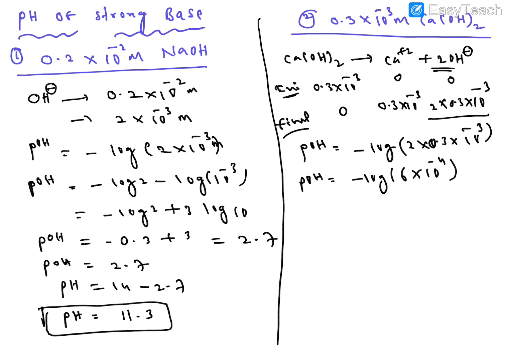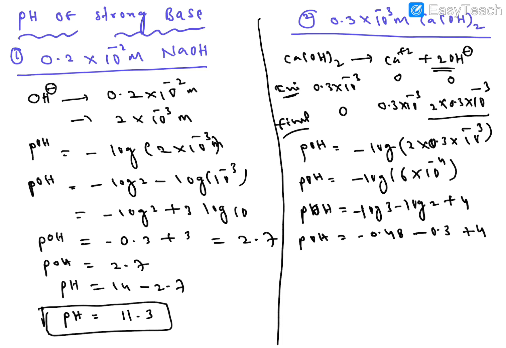Okay, so finally we calculate this one, the pOH is equal to minus log 6, that is minus log 3 minus log 2 plus 4. So this is the log value here, minus 0.48 and minus 0.3 plus 4.